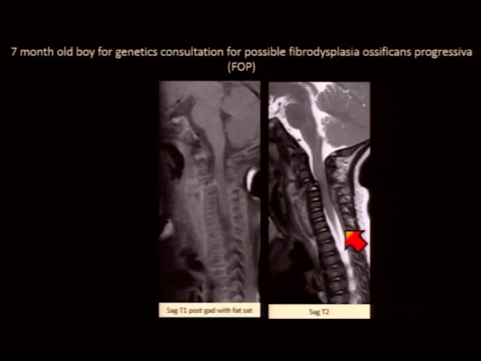With careful scrutiny, you can see a hematoma within the posterior aspect of the spine, as well as end plate irregularity of the upper thoracic vertebral bodies.